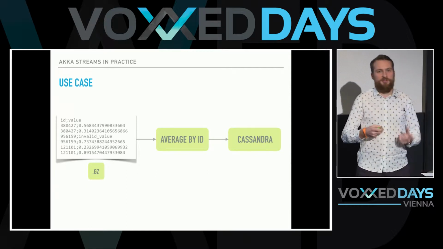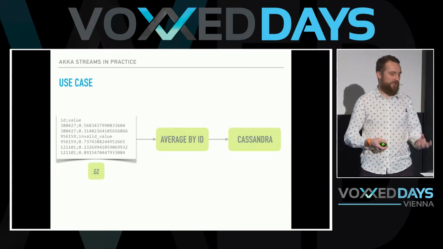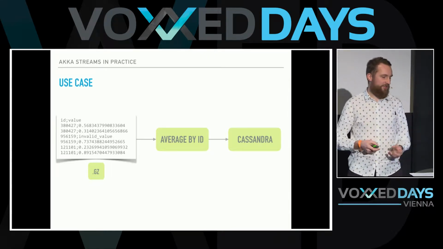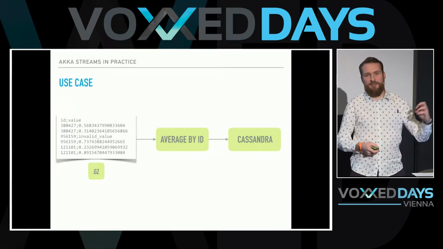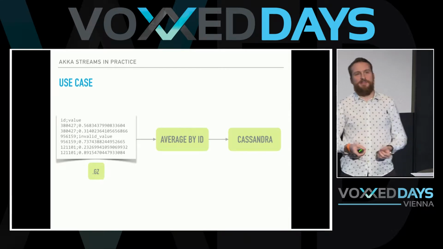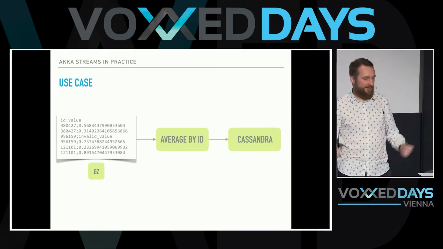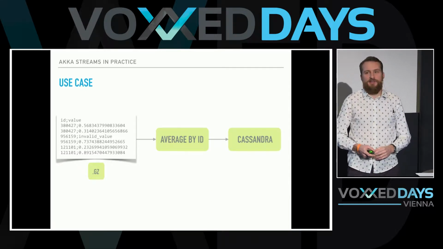Then we want to do some intermediate processing on our data from the files. Here it's aggregation, and we'll be averaging the values by ID. Of course, when some of the values aren't valid for a single ID, we'll be using some dummy value to mark that it was invalid, and ultimately we'll be storing our data to Cassandra.